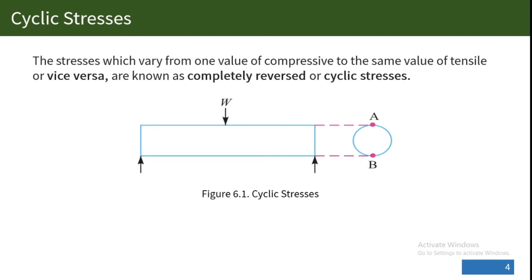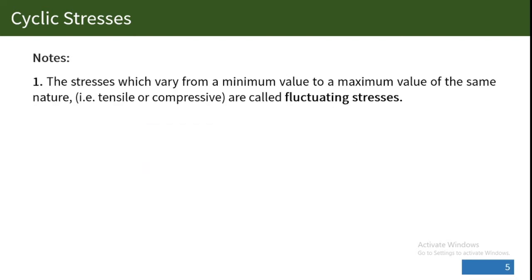The speed of variation of these stresses depends upon the speed of the beam. So from above, we see that for each revolution of the beam, the stresses are reversed from compressive to tensile. The stresses which vary from one value of compressive to the same value of tensile or vice versa are known as completely reversed or cyclic stresses.